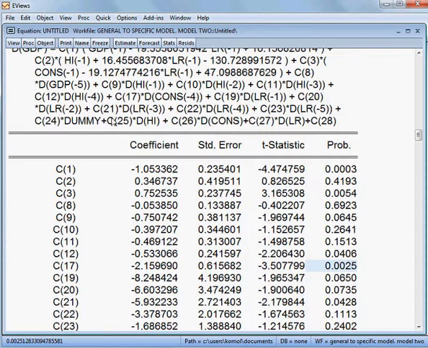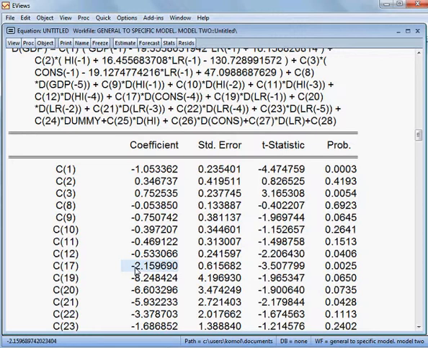significant. What is C17? Yes, cons, right? Cons, C17. It is significant, but the sign is negative, right? The sign is negative, but it should be positive. Why?